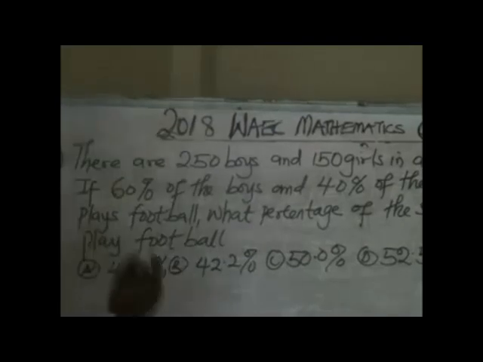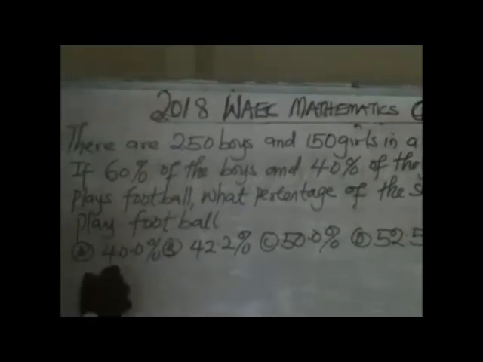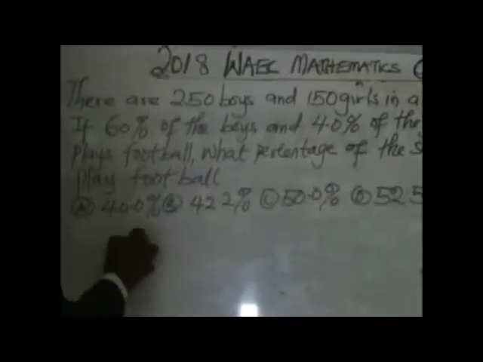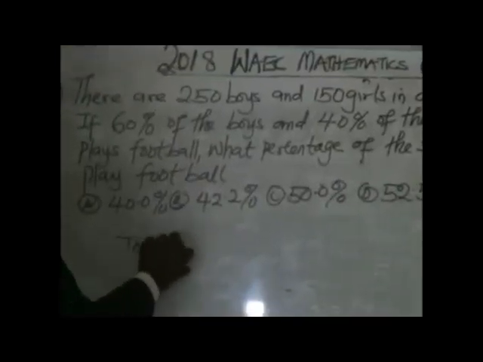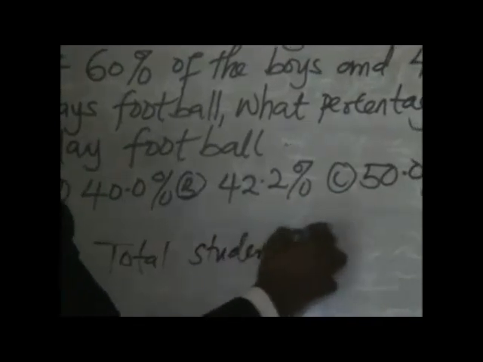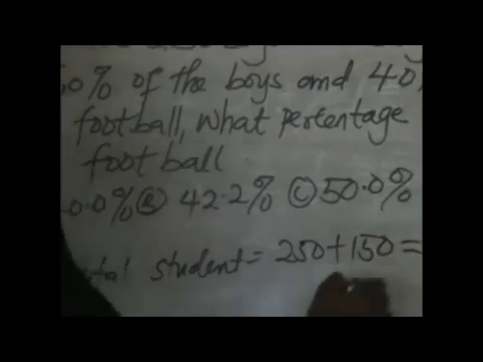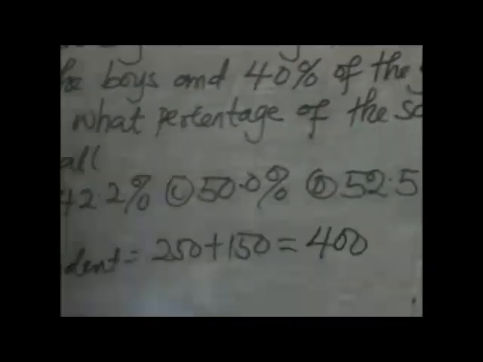So what you simply do is, the total number of students in the school will be 250 plus 150, and this will give us 400 students.